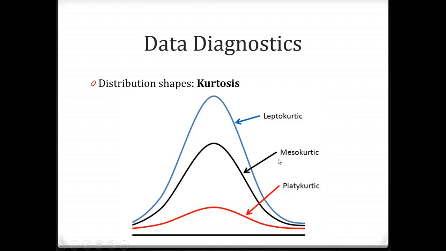So if we look at this diagram, I'll start by pointing out what's called mesokurtic. That's the black, nice little curve in the middle. If you have a mesokurtic distribution, you have a normal distribution.